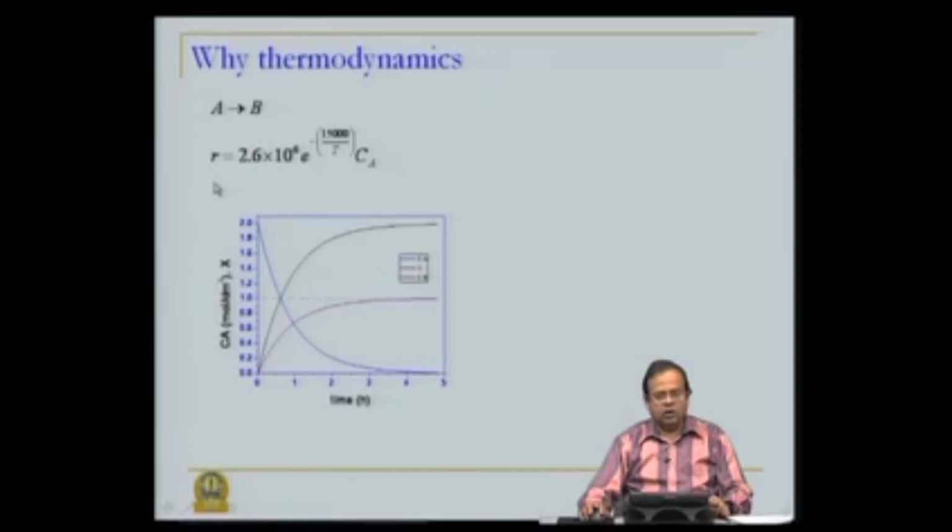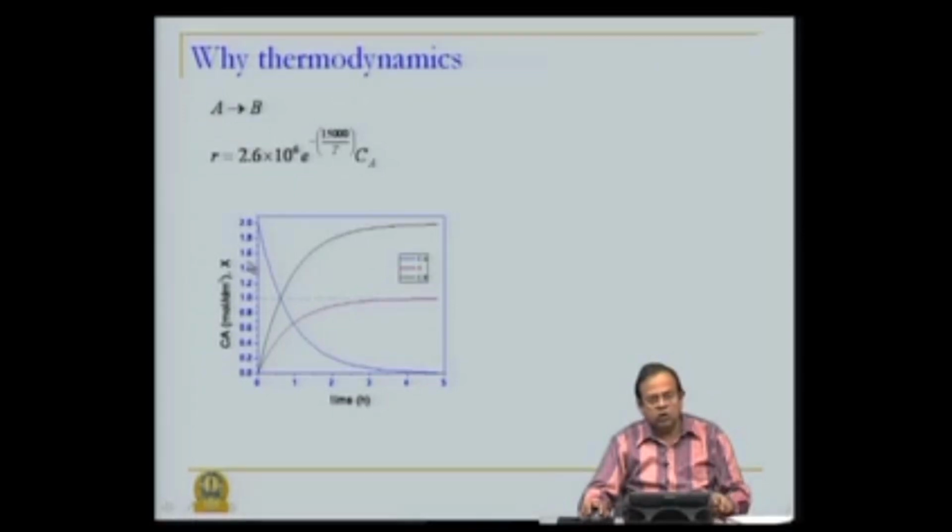You will recall the conversion in the reactor for this particular case will be defined in terms of species A, because that is the only species as a reactant. So, that is our limiting species. So, whatever A we had in the beginning, Ca naught, minus whatever is present at any time t, that is Ca, divided by Ca naught will give us the conversion.